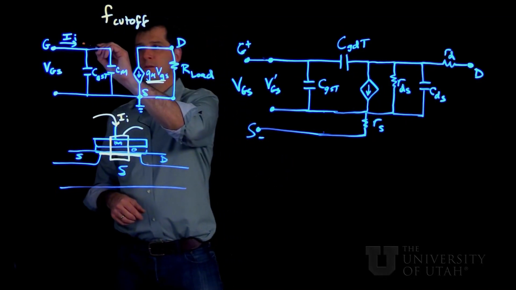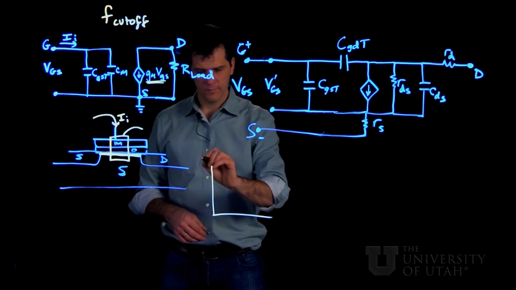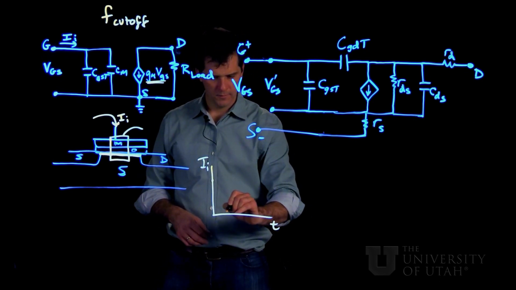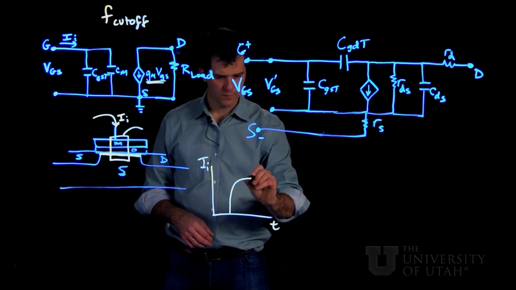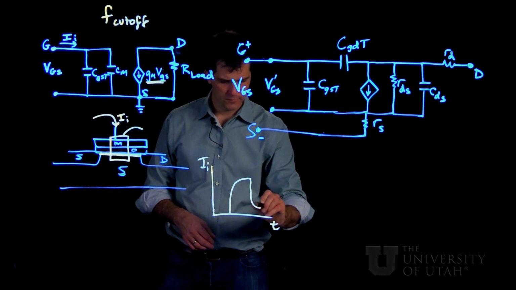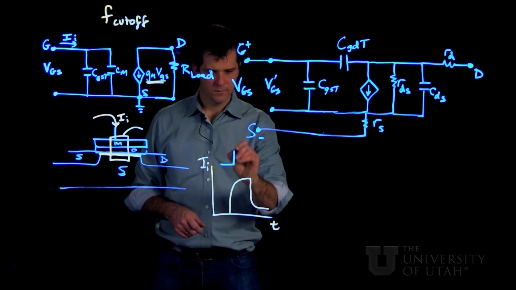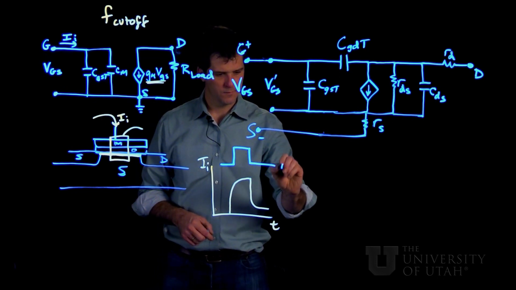The current will flow for a transient amount of time. We'll have this I versus time, and it'll look something like this, just exponentially charging up a capacitor and then discharging it again if we apply a V gate like this.